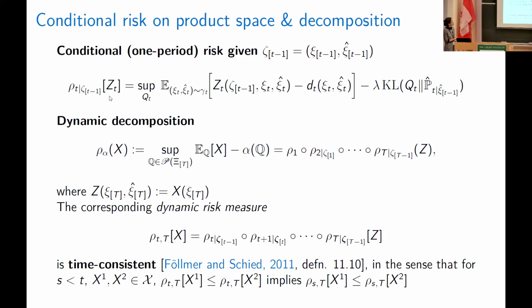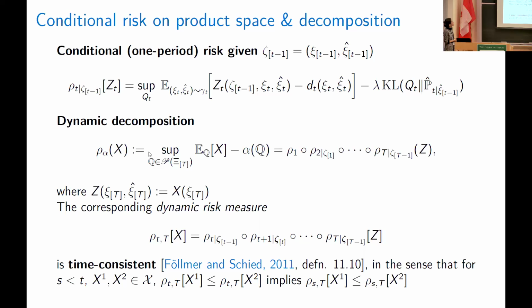In that case, given the very good property of the causal transport distance and also the KL divergence, we can again show that our corresponding dynamic risk measure can decompose, using the conditional risk mapping we defined before, in this decomposable way. As you can notice, here our X represents the random variable defined on the capital Xi_T here.